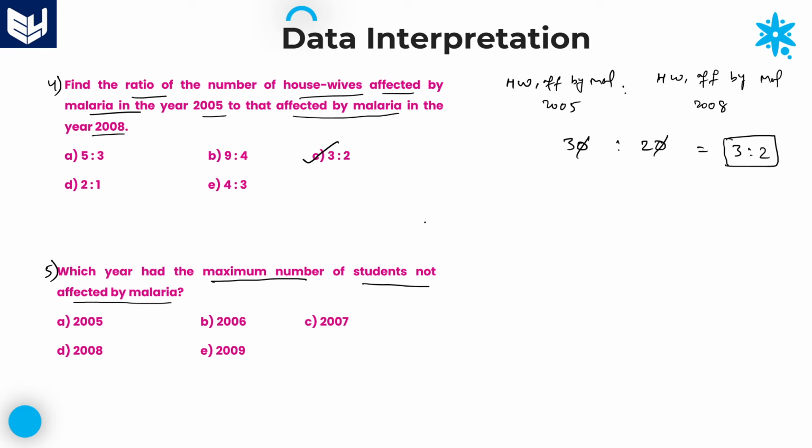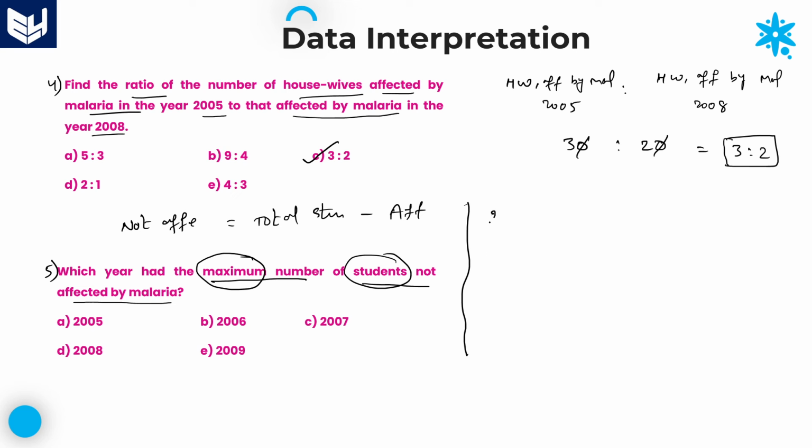Not affected is equal to total students minus affected students in that particular year, and for that particular difference, non-affected students should have a maximum value. So you need to calculate each and every year.